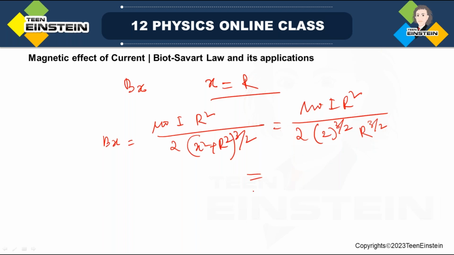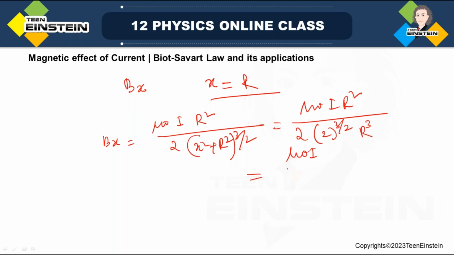This would actually give you mu 0 I, and I'm sorry, this will be r cube, so this will cancel.